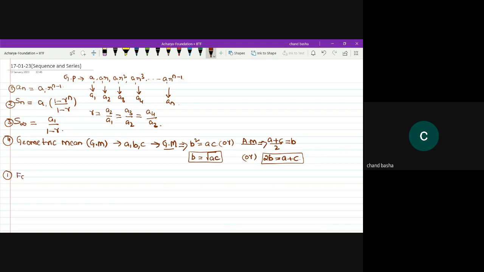For what value of x are the numbers minus 2 by 7, x, minus 7 by 2 in GP, geometric progression? You can apply any one of the above formulas.